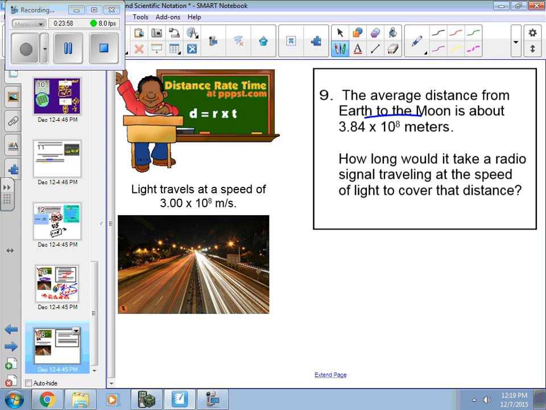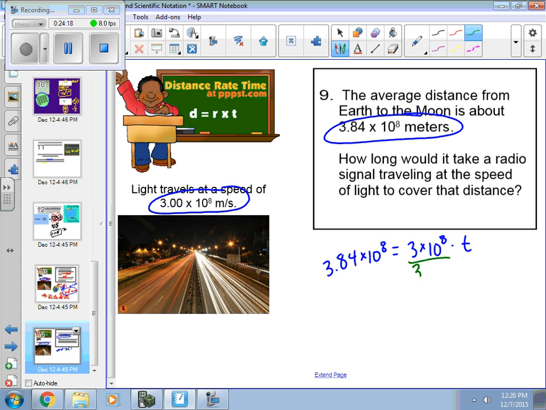You've got another distance here, and we're still dealing with the speed. So if you have your distance of 3.84 times 10 to the 8th, we have a rate of 3 times 10 to the 8th times our time. Looks like, again, you've got to divide on this one.